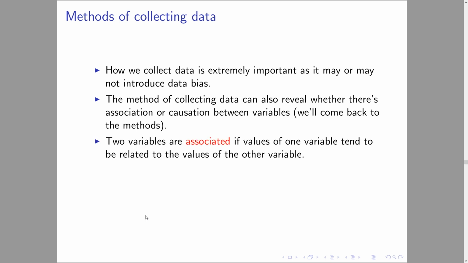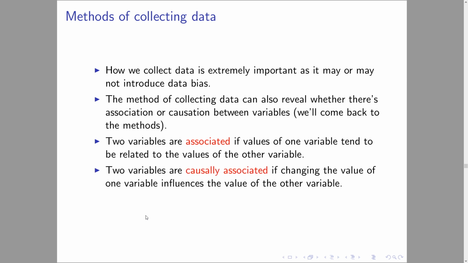So two variables are associated if the values of one variable tend to be related to the values of another variable. And two variables are causally associated if changing the value of one variable influences the value of another variable. And you've probably seen this a lot reading other things, but association does not imply causation.